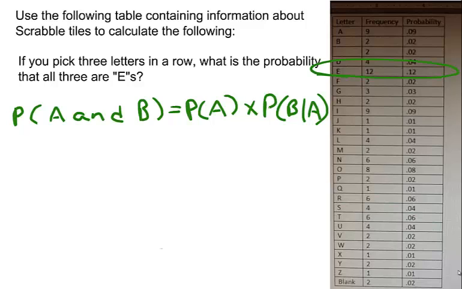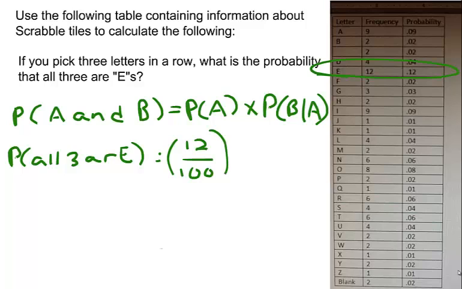We know that there are 100 Scrabble tiles in the bag and that 12 of those tiles are E. So the probability that all 3 are E will look like this. For our first draw, the probability is 12 in 100. For our second pick, because we have taken one tile away, there are 99 left.